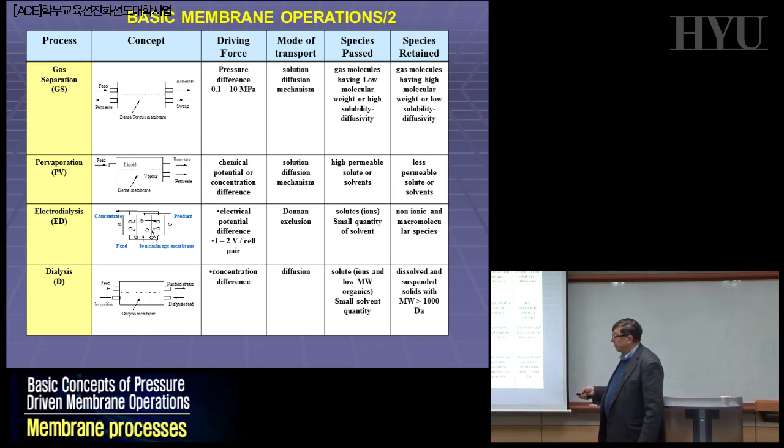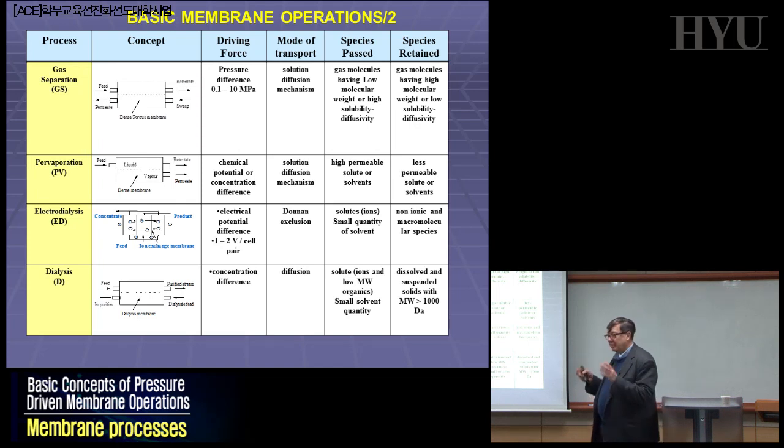There are other systems, such as electrodialysis, where we change the driving force. The driving force here is the electrical potential difference, and the mechanism controlling the phenomena is 100% Donnan exclusion. We saw Donnan exclusion partly controlling the nanofiltration operation. Here it is only Donnan exclusion.